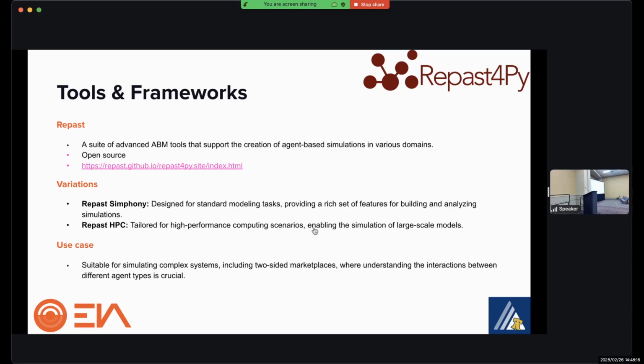It's open source, and there are two variations. One is for more standard modeling tasks, and the other one is tailored for more high-performance computing scenarios, especially for simulating larger scale marketplaces. You can use that to simulate complex systems, not only two-sided marketplaces, but the main point is to understand the interactions between the different participants.